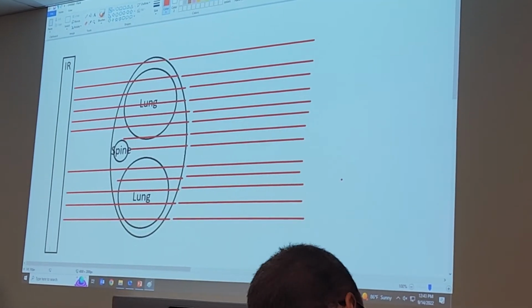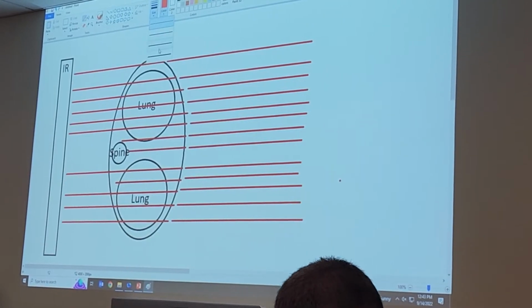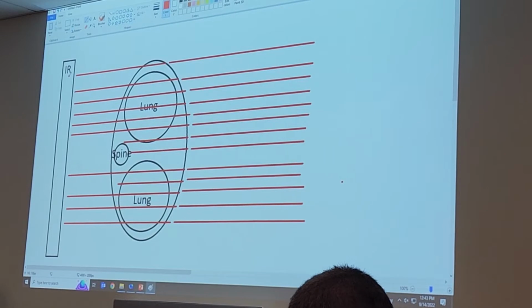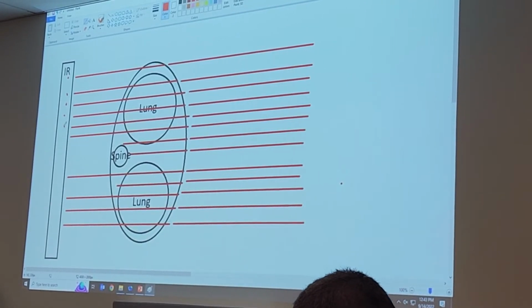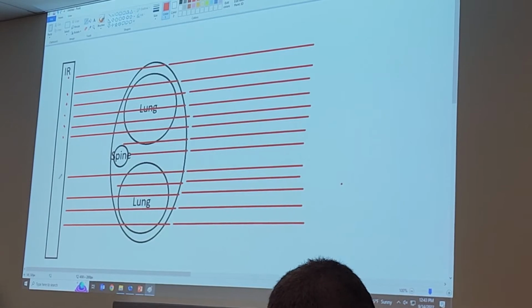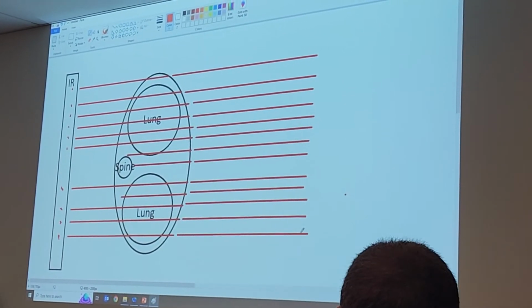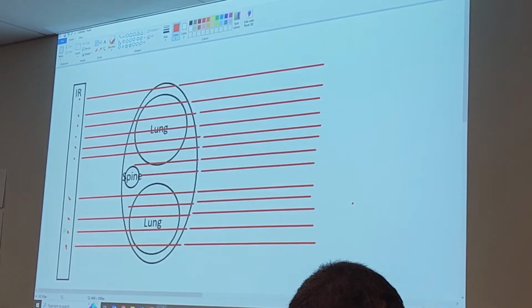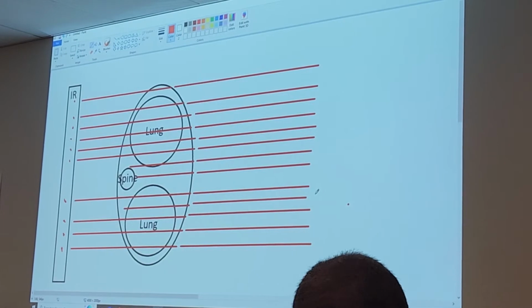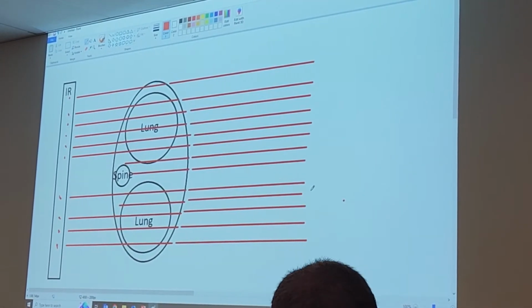Now we have our X-rays that have reached the IR. If we take a look at where they reach the IR, we've got here, here, here, here. So now we have a certain number of X-rays which have reached here. What is the most dense location of X-rays?